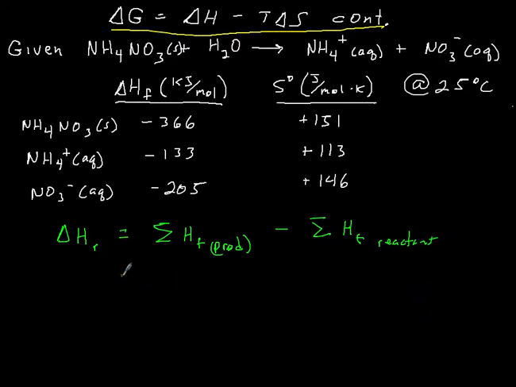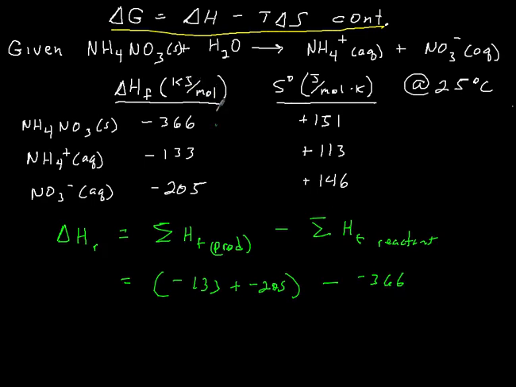Okay, and so if we use that, the products are the ammonium and the nitrate, and so the enthalpy of formation of the solvated ammonium is negative 133 plus the nitrate is negative 205. So that's the sum of the products minus the reactant, which is negative 366.